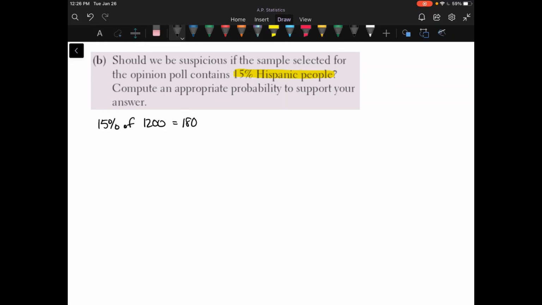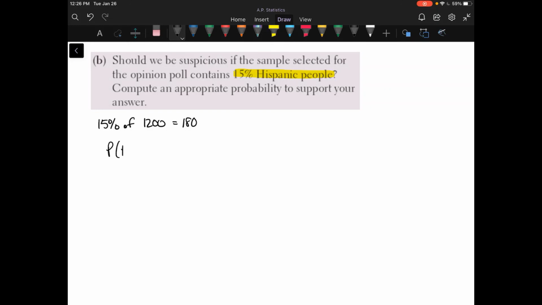Then to answer this question, we want the probability that our sample has 180 or more Hispanic people.